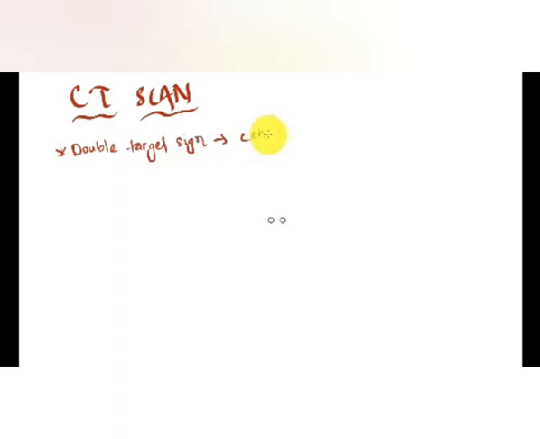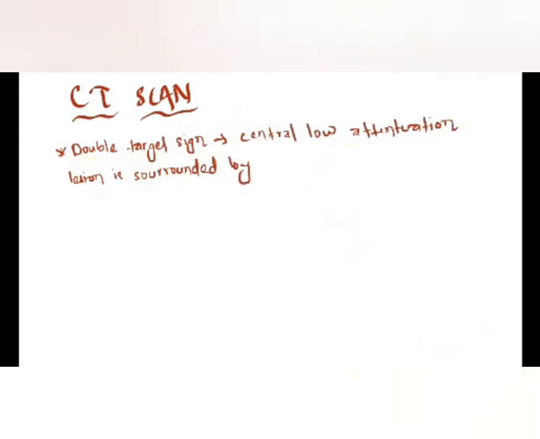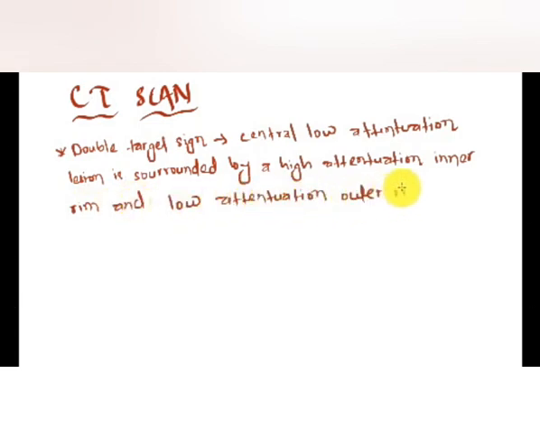One of them is the double target sign, in which a central low attenuation lesion is surrounded by a high attenuation inner rim and a low attenuation outer rim. We have the abscess cavity inside, which is a low attenuation lesion, and outside we have two rims.